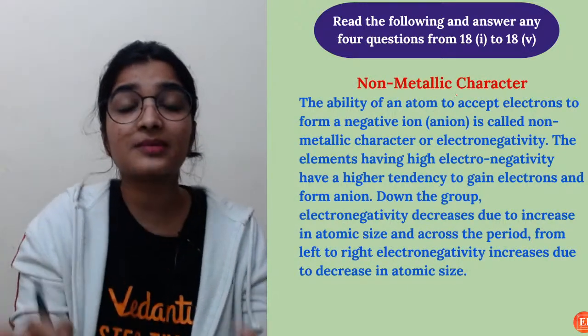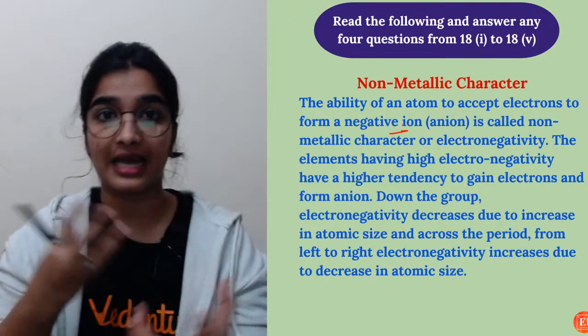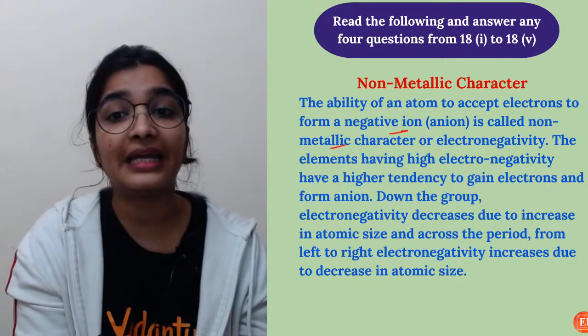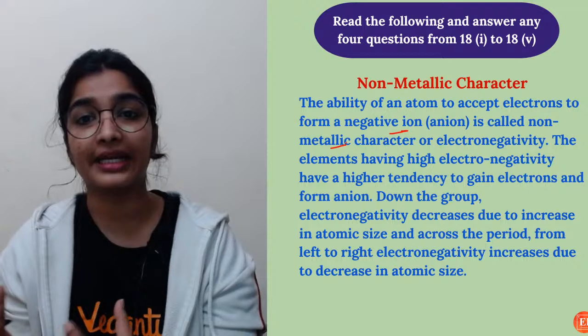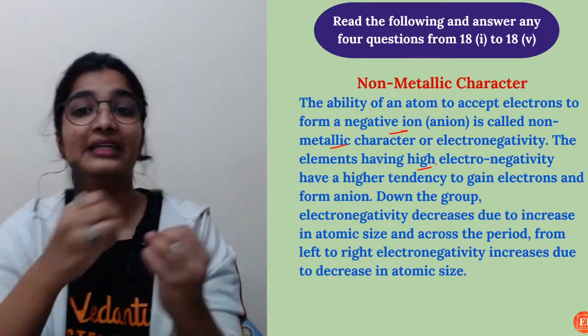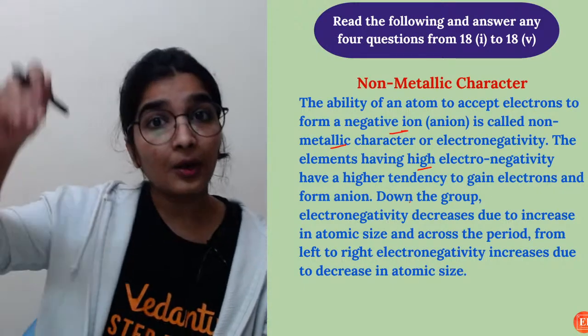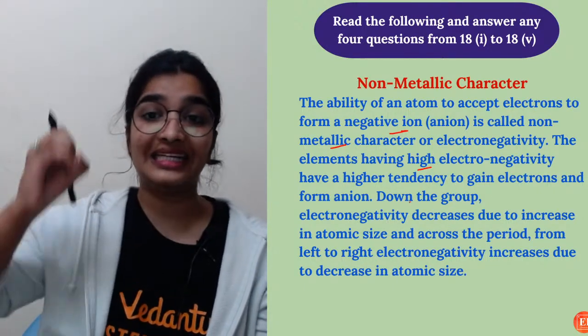The ability of an atom to accept electrons to form a negative ion, that is an anion, is called non-metallic character or electronegativity. The elements having high electronegativity have a higher tendency to gain electrons to form an anion. So down the group, what happens? Electronegativity decreases.